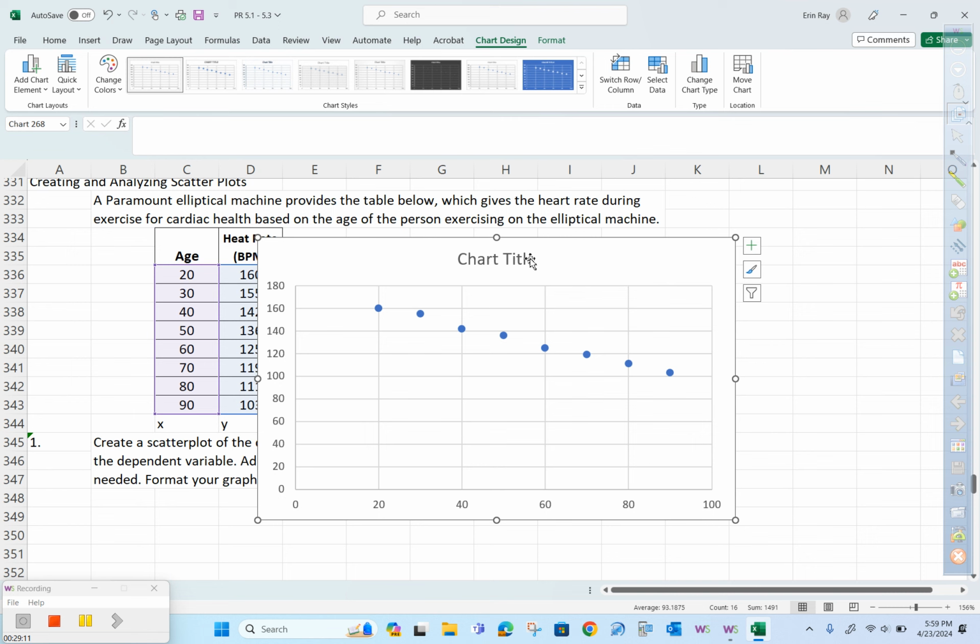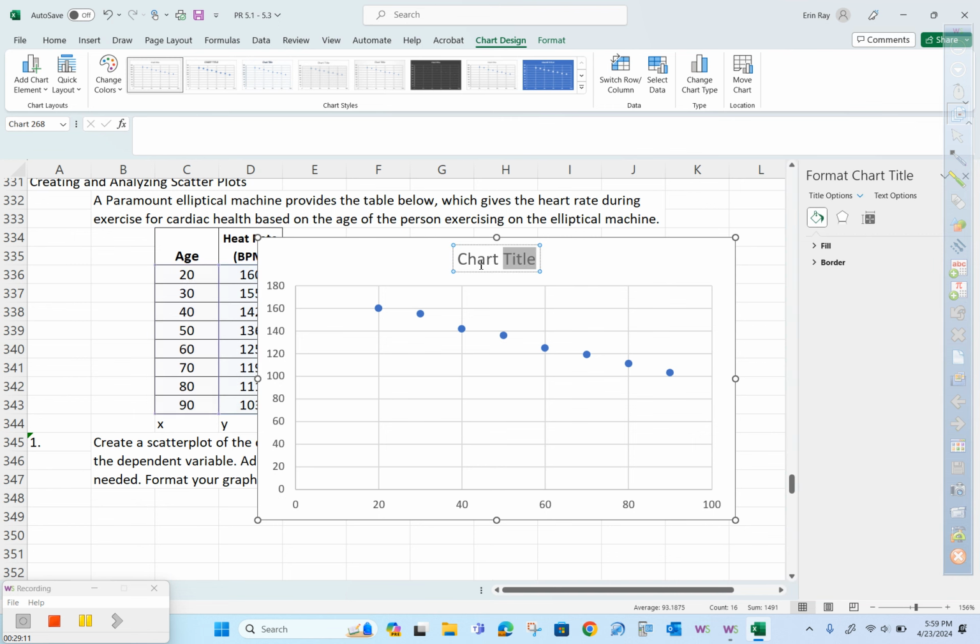Looks good here. This is talking about, if I add the title, the heart rates of people exercising on an elliptical machine by age.